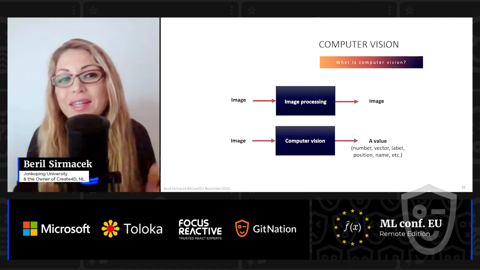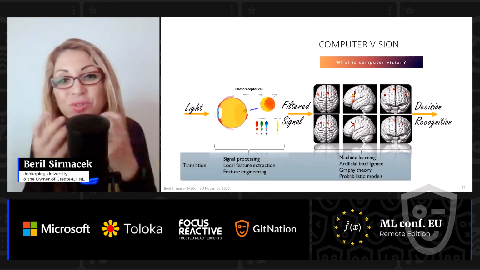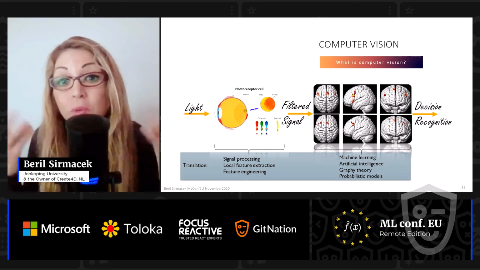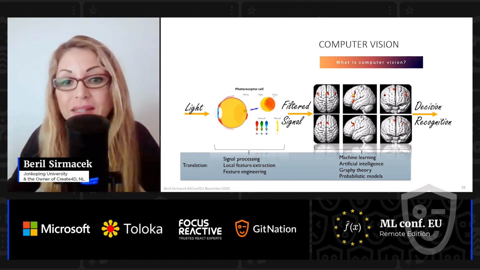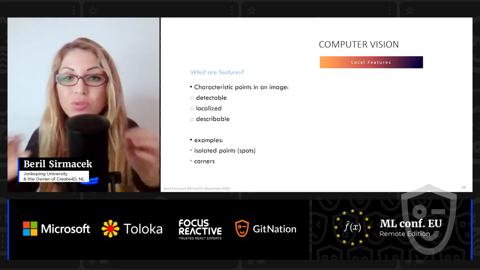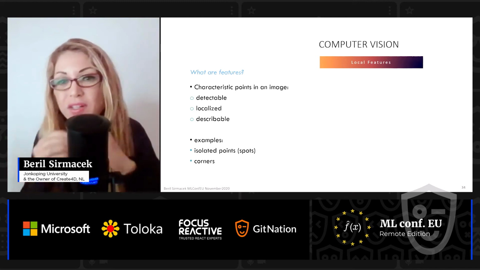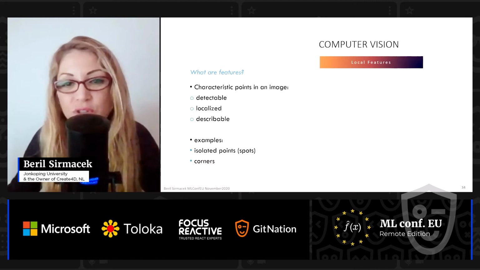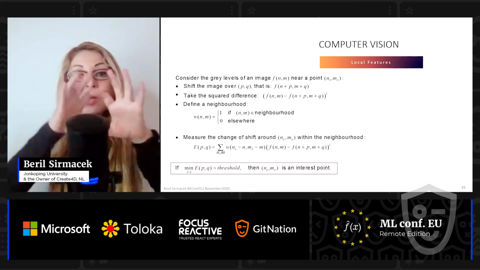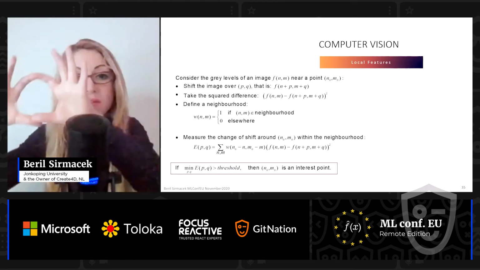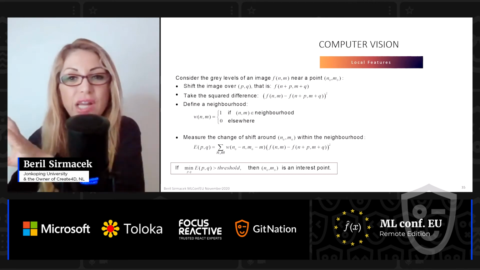After processing the image, computer vision comes. Computer vision tries to extract important features, which we call local features, to look at the image to recognize things. In order to do so, we develop methods which can identify corners, sharp edges, or specific texture properties, like Harris did with his algorithm, which compared each small window with its neighbor to see if the neighbor made a significant change or not.